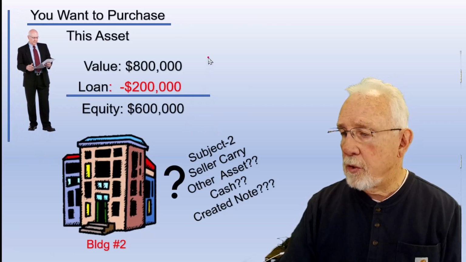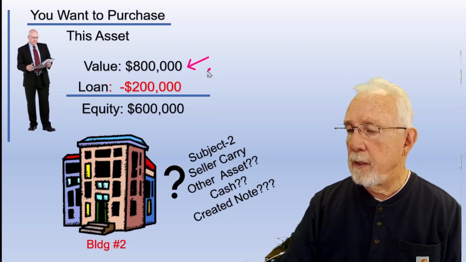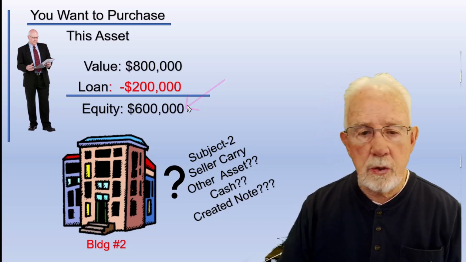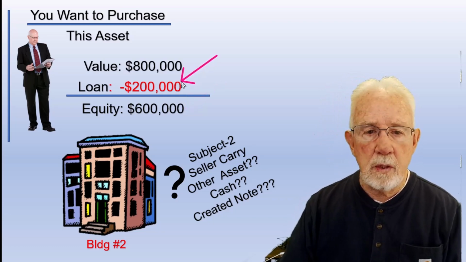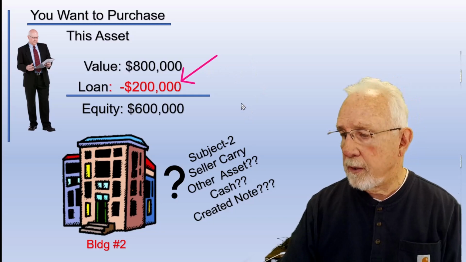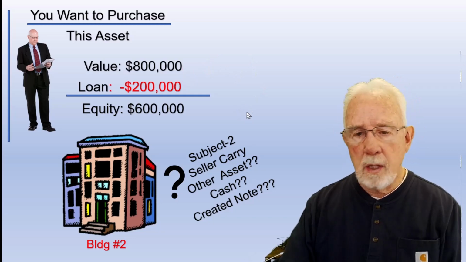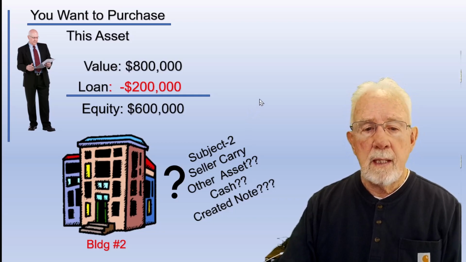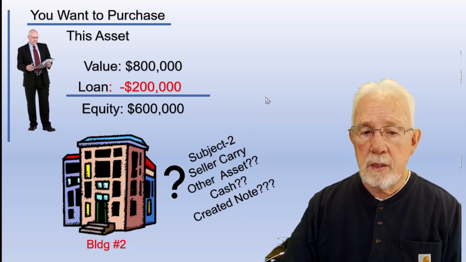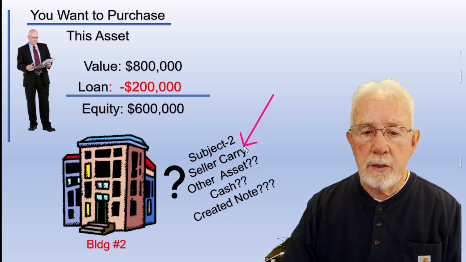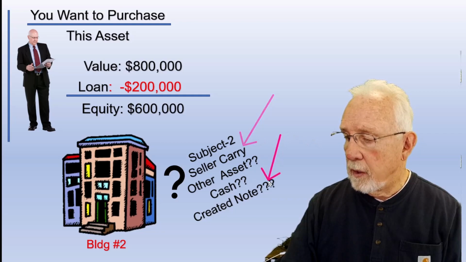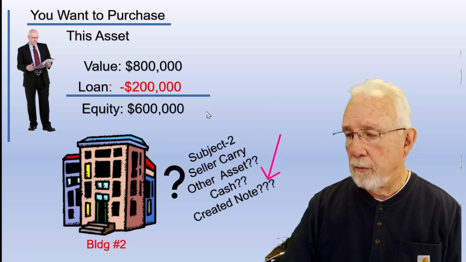And you want to purchase this asset for $800,000 with a $200,000 mortgage and an equity of $600,000. Now there's several ways you could do it. Remember, this has a $200,000 mortgage that we're going to have to deal with. You're not going to assume it. You're going to agree to make the payments on that mortgage, and it's going to stay in place. And then you're going to ask the seller to carry back $200,000, and then we're going to create a note for $400,000.